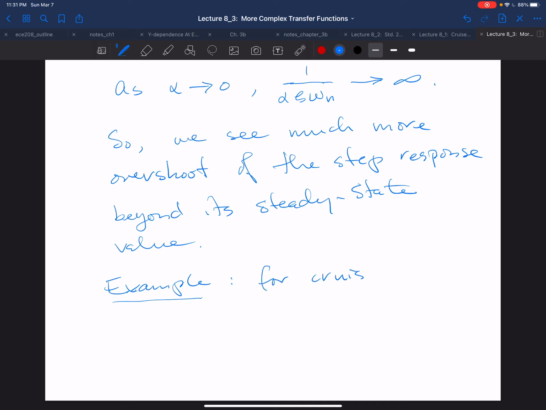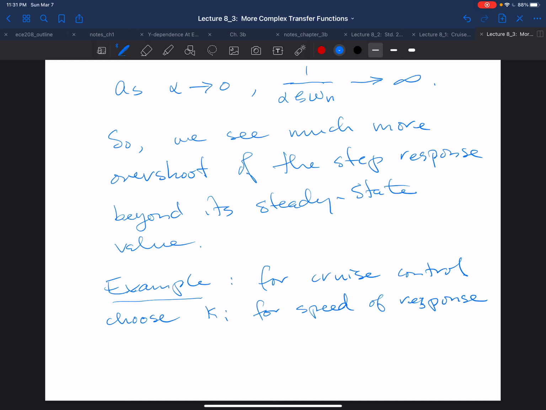So what we might do is choose the two parameters. First, we choose Ki for speed of response, because Ki determines completely the natural frequency.